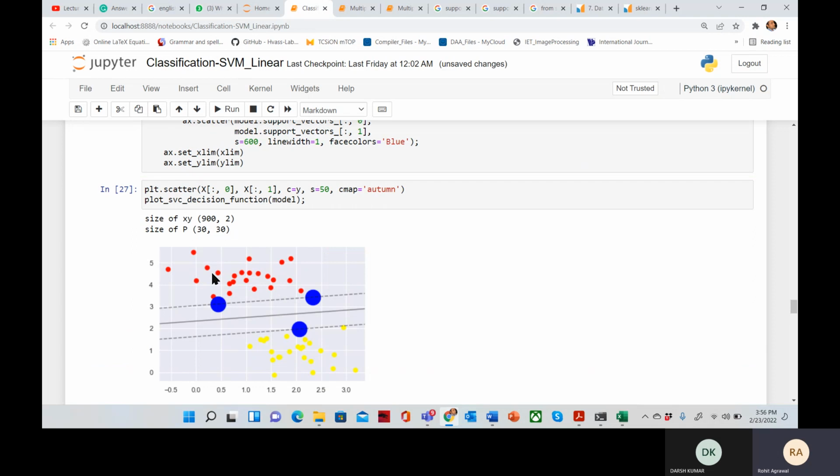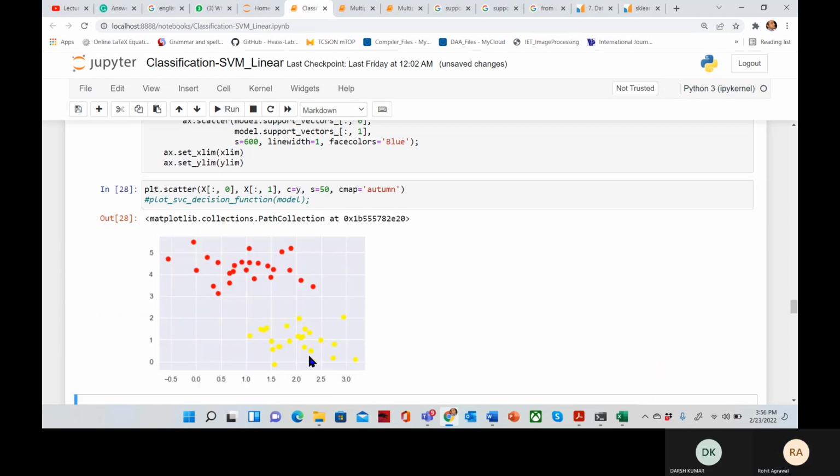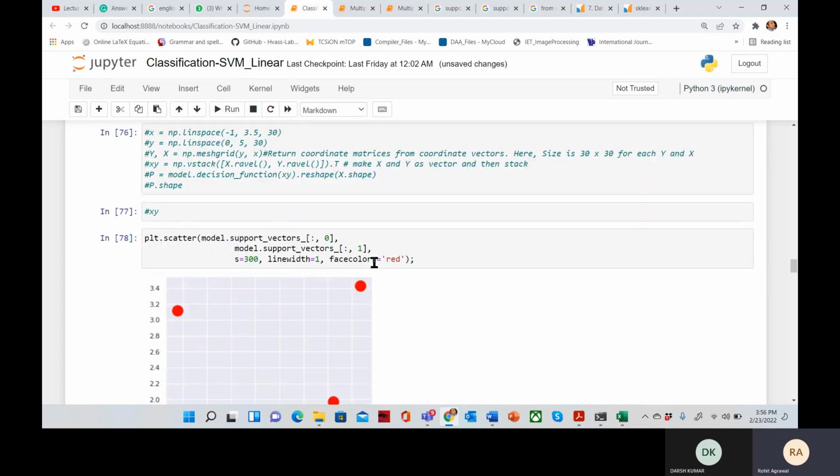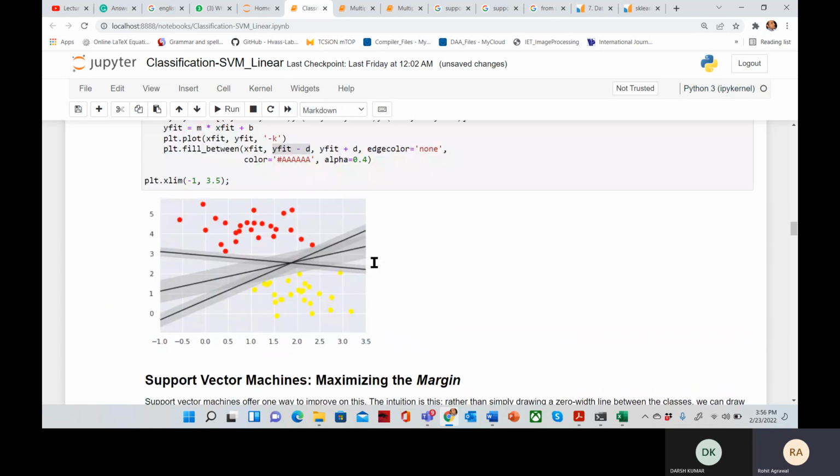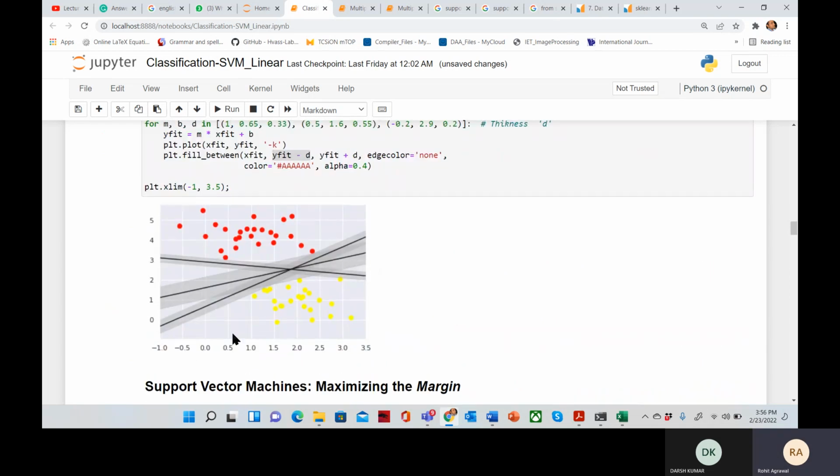So now it is plotting this decision function. I will comment out this plt.scatter for now, so you can visualize this is your data here. In the previous one we approximately plotted the 3 lines, yes or no?